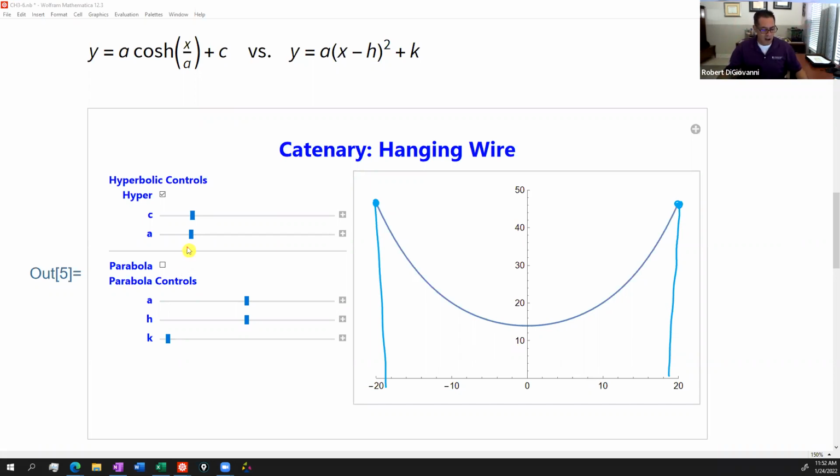If I try to make a parabola hang between those 2 points, there's no way for me to do it. In the real world, if you hang a wire, there's no way you can fit a parabola on top of it.